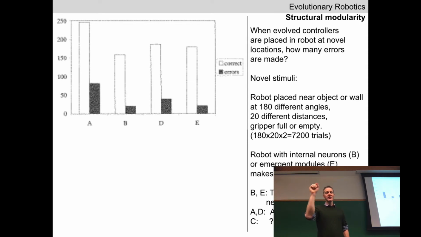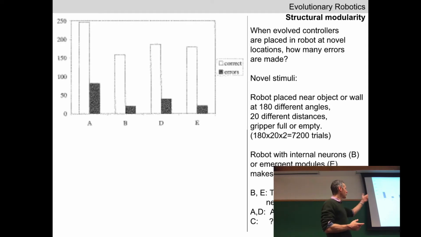So 180 times 20, and then for each of those, they did it with the robot holding an object and the robot not holding an object. 7,200 separate things. They then did this with A, B, C, D, and E. I don't know why C is not on this figure. Seems like they intentionally left it off, not sure why.